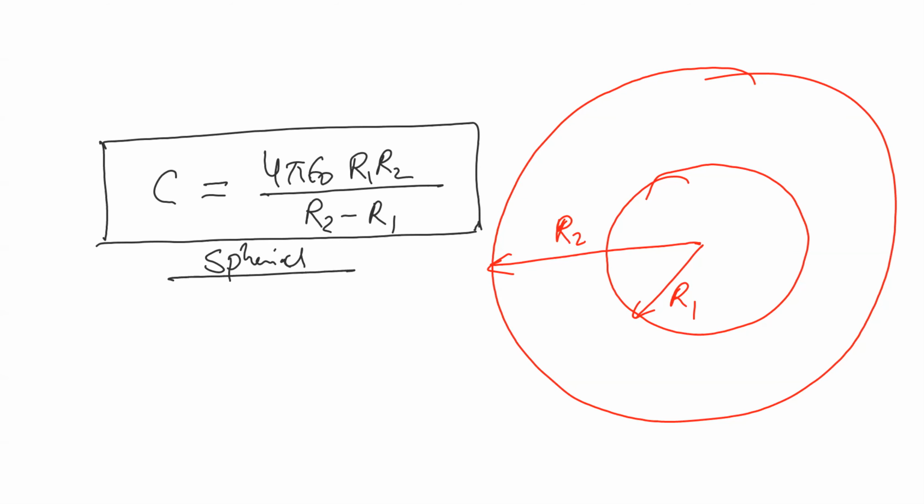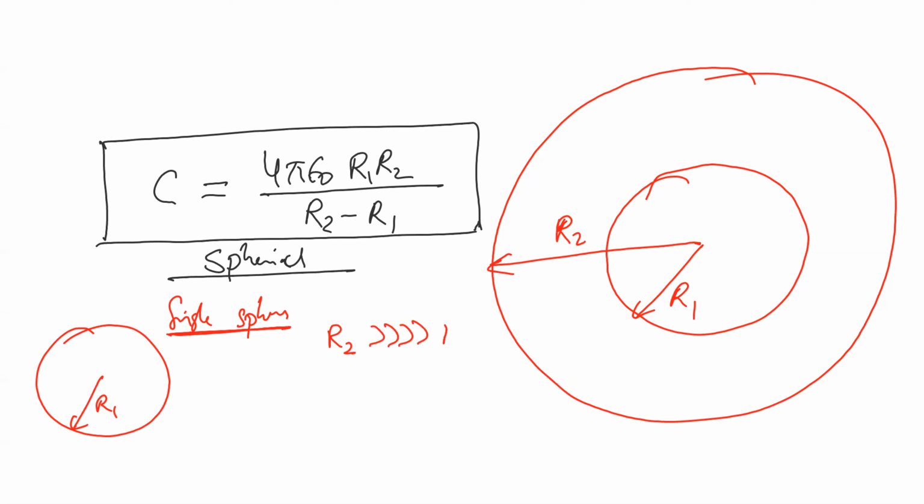Now, suppose a single sphere is given, like let's talk about Earth. Only single radius R1. Then what did we discuss for single spherical system? Sir, 4 pi epsilon naught R. Yes, very good. For a single sphere, we assume that R2 is there, but it is very, very high. So in that case, R2 minus R1 is approximately equal to R2 only.